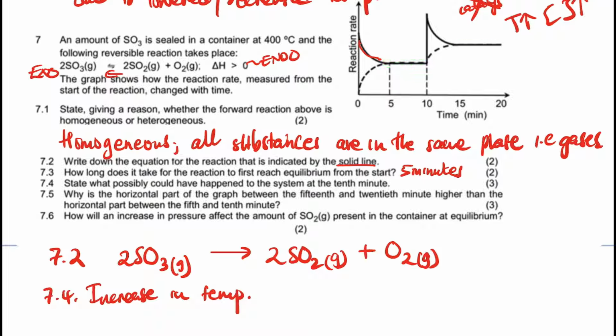But now, since there was an increase in temperature here, the rate of forward and the rate of reverse here were equal there. But now, since the disturbance at the 10 minute, there was an increase in temperature, so it increased both the rate of reverse and forward reaction. Do you see that both increase at equilibrium there?